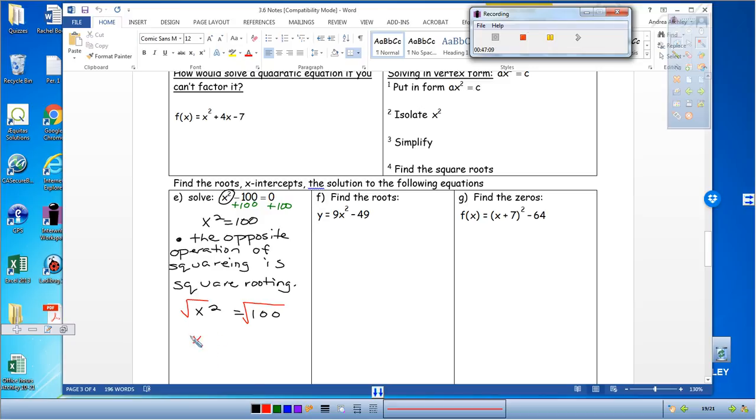Because the area is x squared, so the length of the sides of that square is going to be x times x. Very good. The square root of 100, then, my length of my sides would be 10. When we're solving an equation that we have to take the square root of, we also need to be aware of another number that's going to multiply to 100. What other number times itself will give me 100?